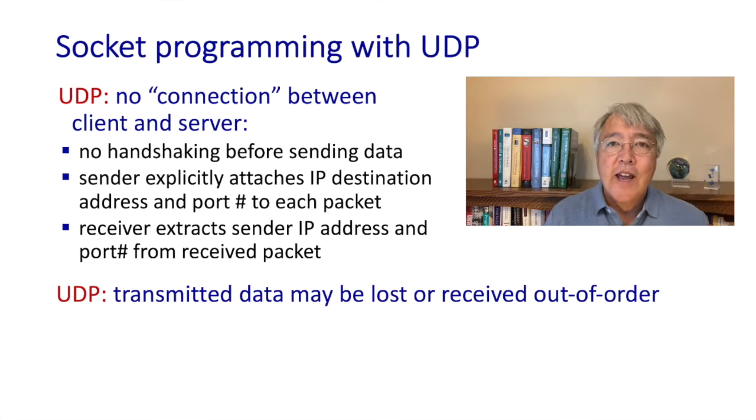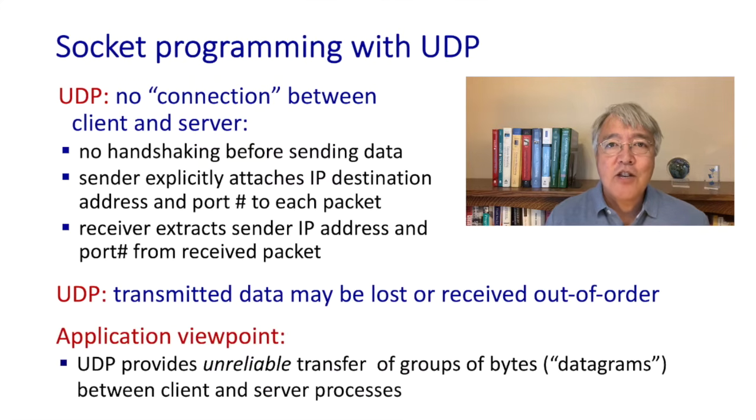With UDP, data can be lost and can also be misordered as it travels between client and the server. So from an application point of view, UDP service is about an unreliable, unordered transfer of datagrams from a client to a server.